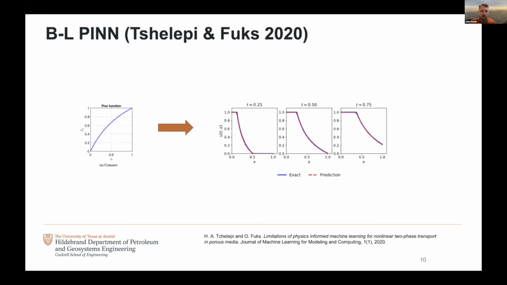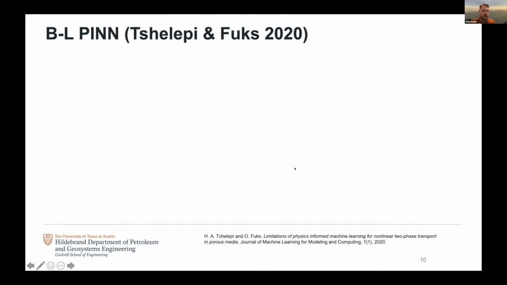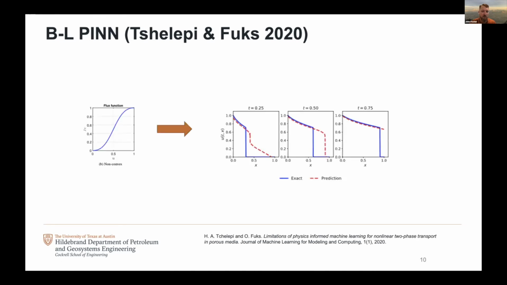There have been a lot of talks already on neural networks, so I won't go into the details of the construction. But looking at Tshelepi's work, they showed that for these concave flux functions, which is that fractional flow curve, the solution would do well, and you have an exact solution there to compare to. However, no real world problem has that kind of concave flux function.